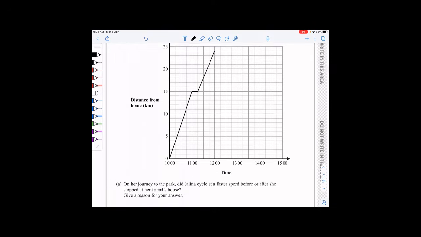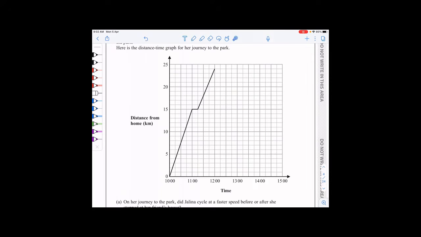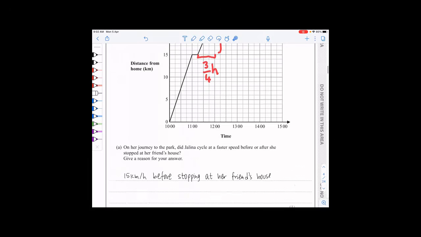And then afterwards, if we look at the graph, well, from 11:15 up to 12 o'clock, that's 3/4 of an hour. She covered a distance of 9 kilometers. So it's gonna be 9 divided by 3/4.